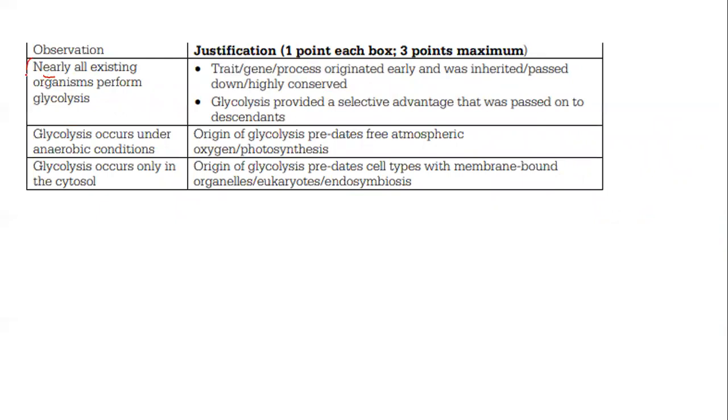If all of them performed glycolysis, the justification is a little bit of evolution and natural selection, in the sense that we all have the gene. That means there is some form of gene to make the enzymes, and those enzymes that we all share allow glycolysis to happen.